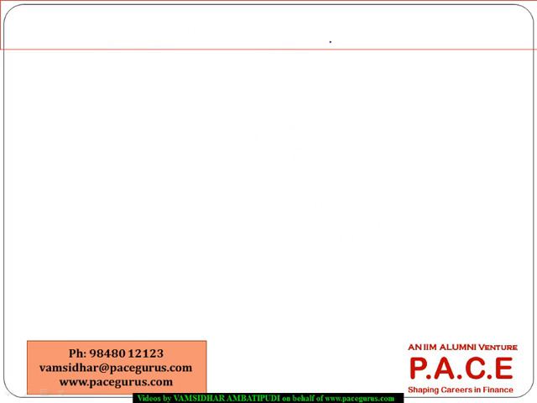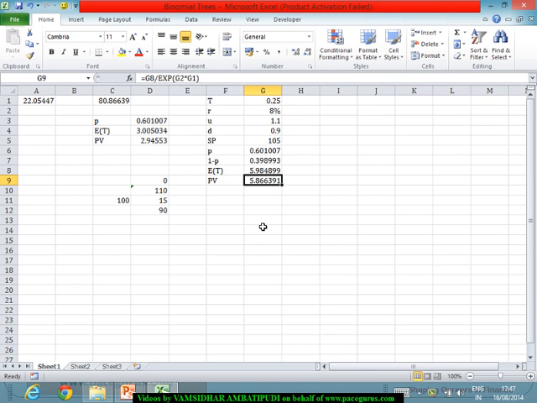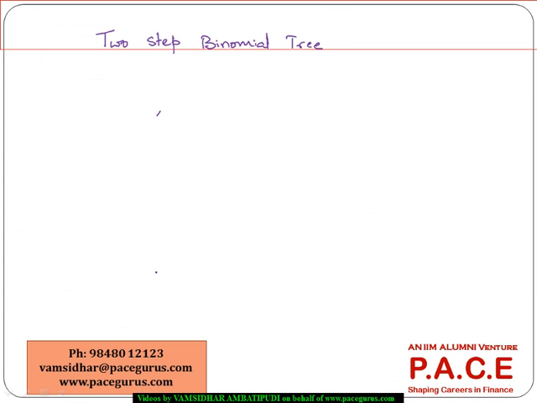So in case we have to go with the two-step binomial tree model, which is more for extending the one step, the way I would look at it in the spreadsheet is like this. The current stock price is 100. At the end of 3 months, the stock price is up by 10%. Now I would like to break it down into two parts.